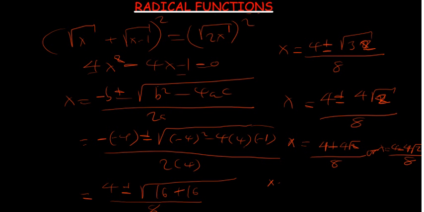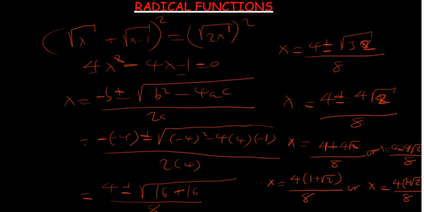That will be x is equal to 4 open brackets 1 plus root 2 over 8, or x is equal to 4 open brackets 1 minus root 2. Don't know if you can see that inside there. So that is 1 minus root 2, and then over 8.